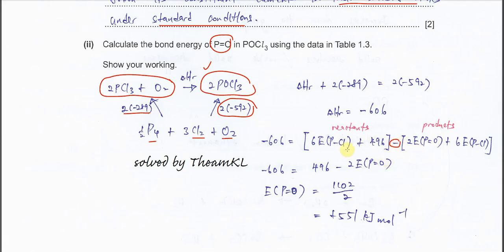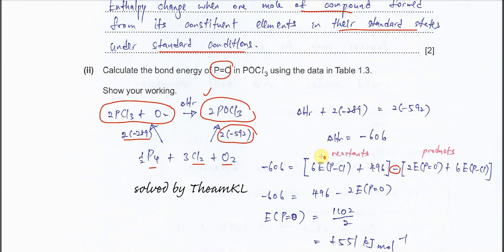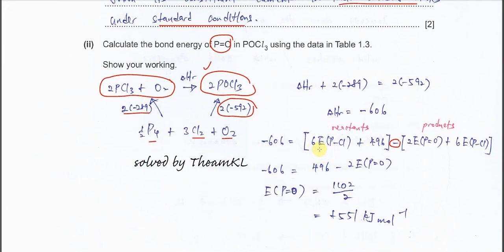Now, from the structure, we know, as I told you just now, in the PCl3, it has 3 PCl bonds, and we have 2 molecules, so total 6 PCl bonds. Therefore here is 6 times the bond energy of PCl, plus 496. This one is the oxygen.